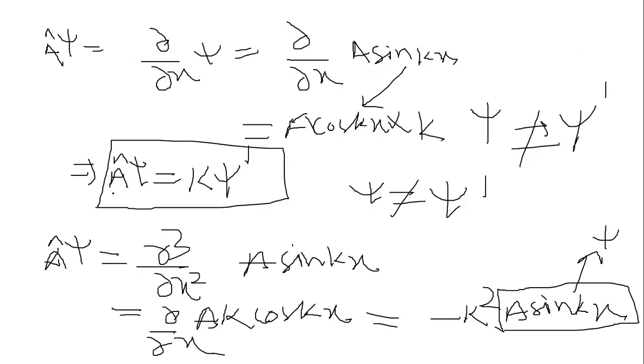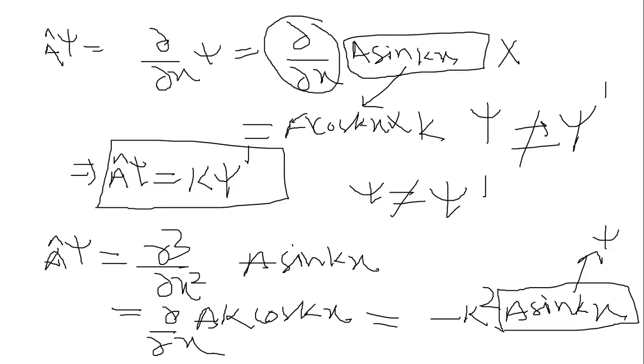So we can see that the state A sin kx is not an eigenstate of the operator del by del x, because the state is getting changed when you operate on it, but the state A sin kx is an eigenstate for del square by del x square.